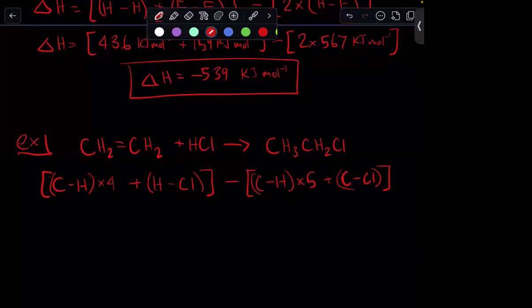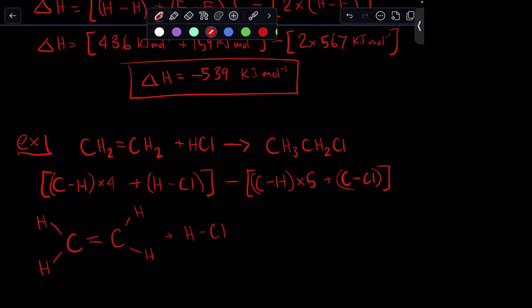So very quickly, how did I figure out what bonds are present? Well, when writing a formula for an organic compound, often we just write the individual groups, it's CH2, not CH3, CH2. Then we have a double bond, and then CH2.